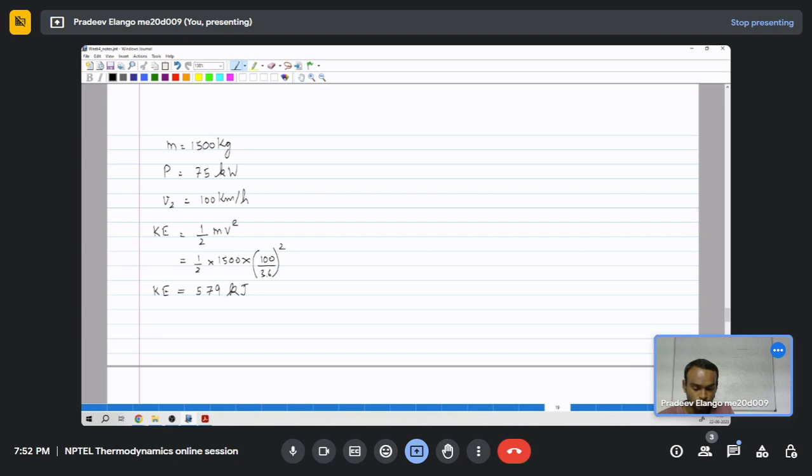Okay. Now power is energy spent over time. So that is 75 into 10 power 3 is equal to 579 into 10 power 3 divided by time, and time is 579 by 75.